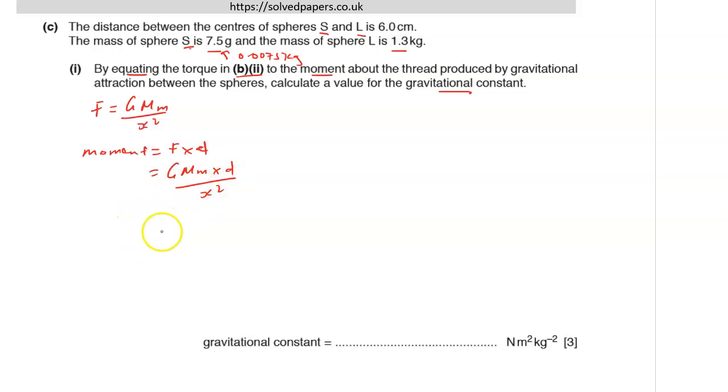Then, if we do the correct substitution, we say G times mass, which here is 1.3, times 7.5.